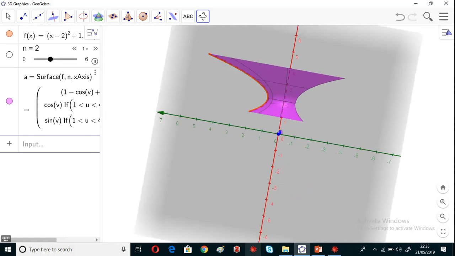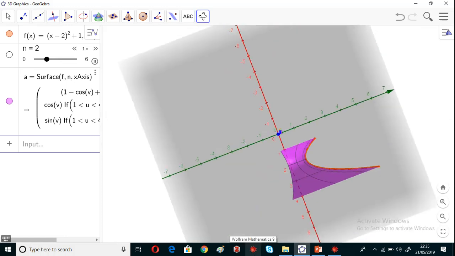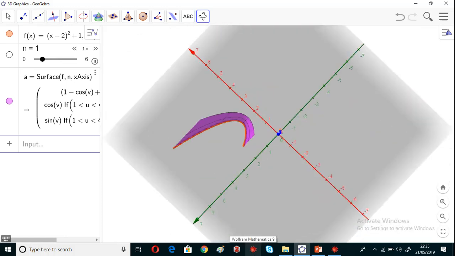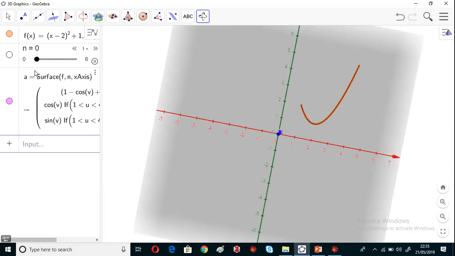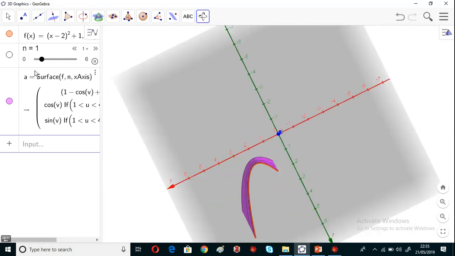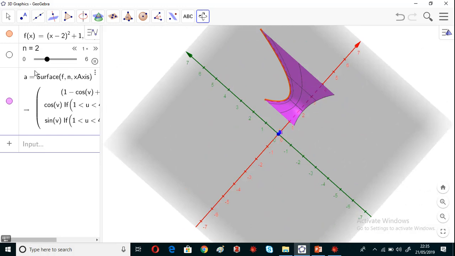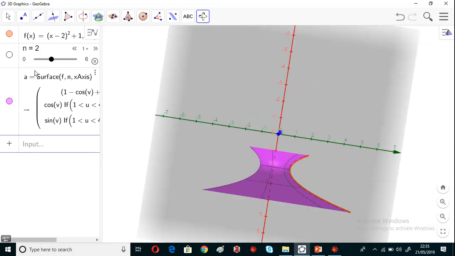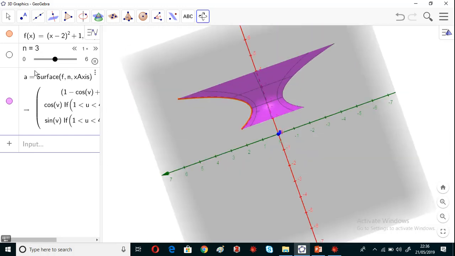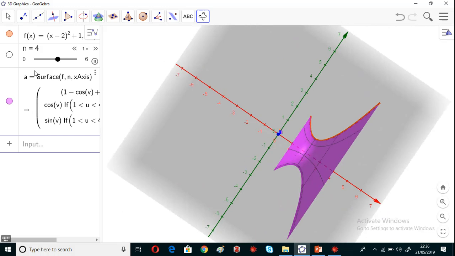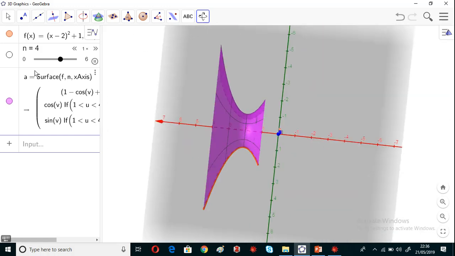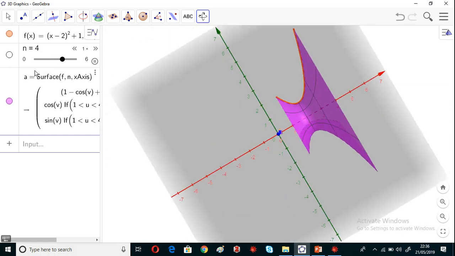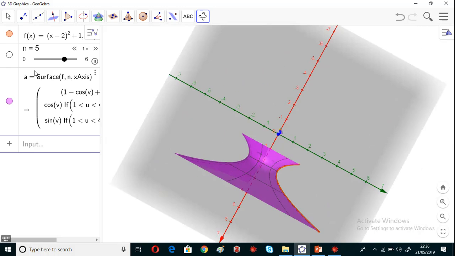So this is the surface of revolution, the figure is moving. Interestingly, we can observe this is the surface of revolution: a curve which is revolved makes the surface of revolution.